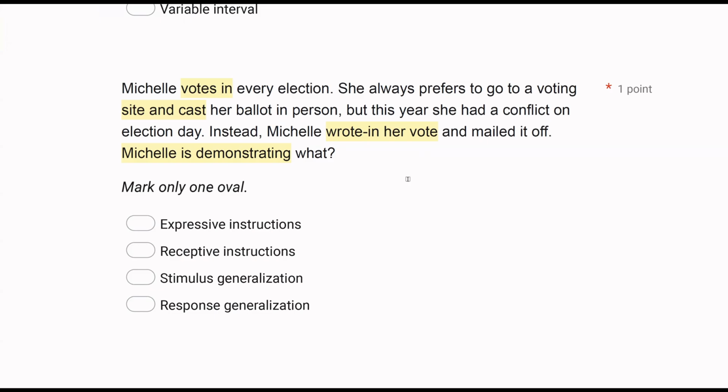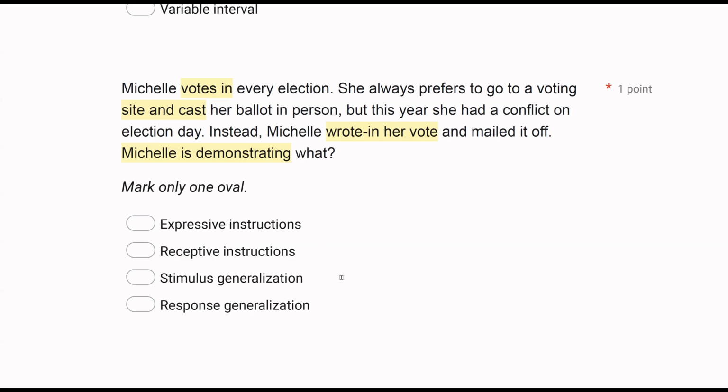So when we are engaging in a response or multiple responses that are serving the same function, what can we call that? A, expressive instructions. Well, expressive instructions are when someone is asked to verbalize something or when someone verbalizes something. Michelle is not engaging in expressive behavior or expressive instructions. Receptive instructions. Receptive instructions are listener skills, right? Listener instructions, following directions, not relevant here either.